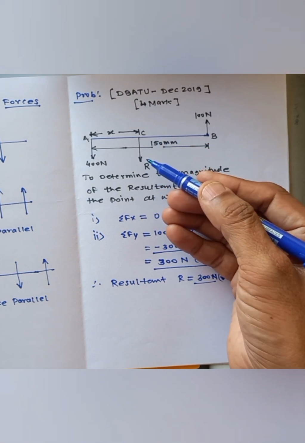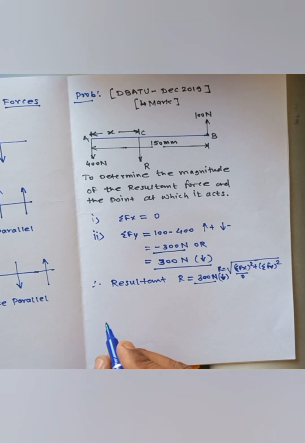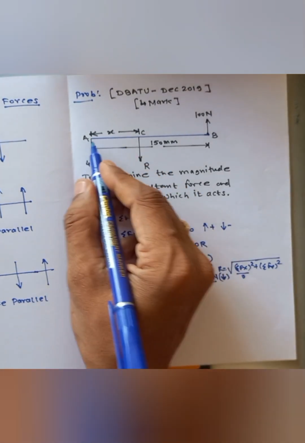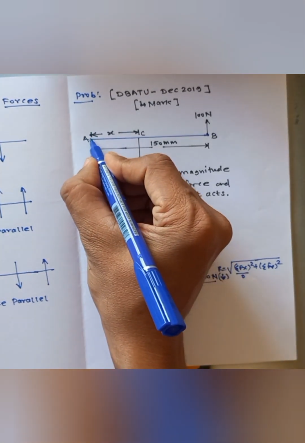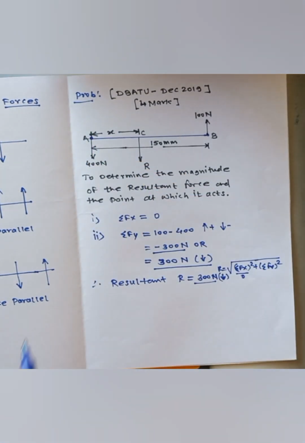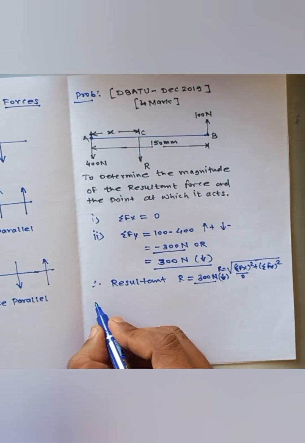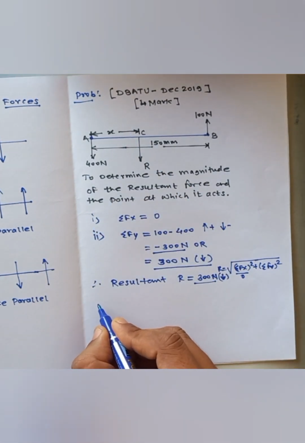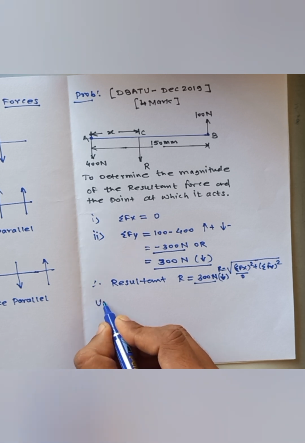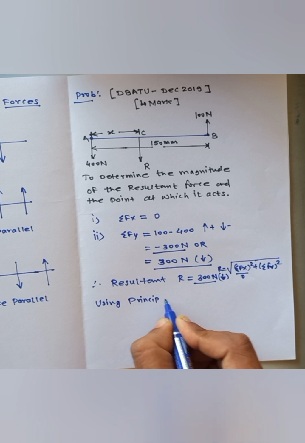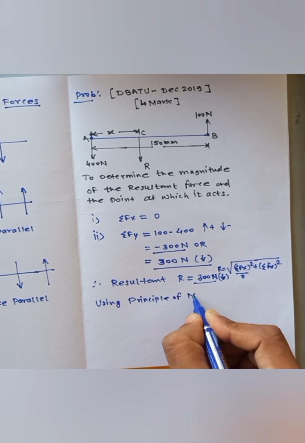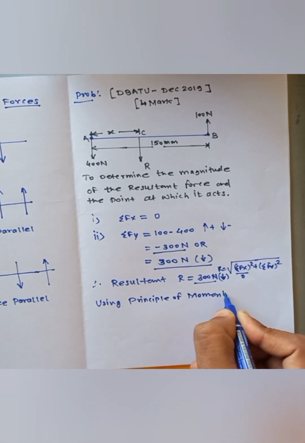So it's very simple. Now we have to find the position of this resultant force from point A, right? Because the x distance they have given is from A. So we know Varignon's theorem or principle of moment. Using principle of moment, which is what?